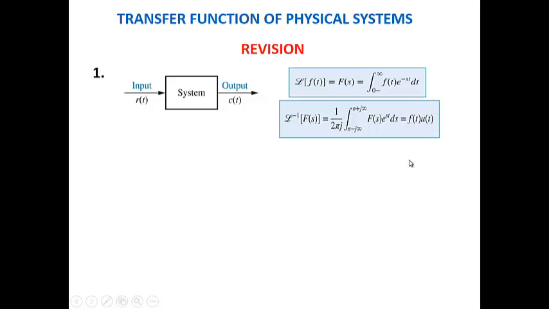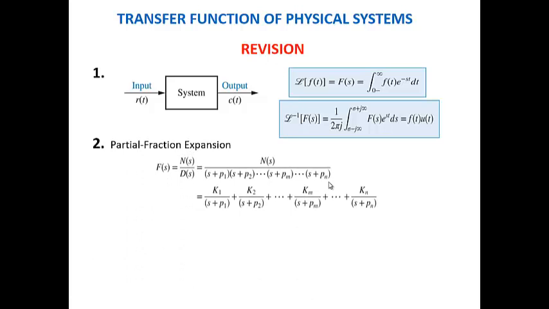And the u(t) here, if your t is greater than 0, your u(t) is equal to 1. However, if your t is less than 0, your u(t) is equal to 0. Okay, so those are the things that you need to remember about the transfer function.